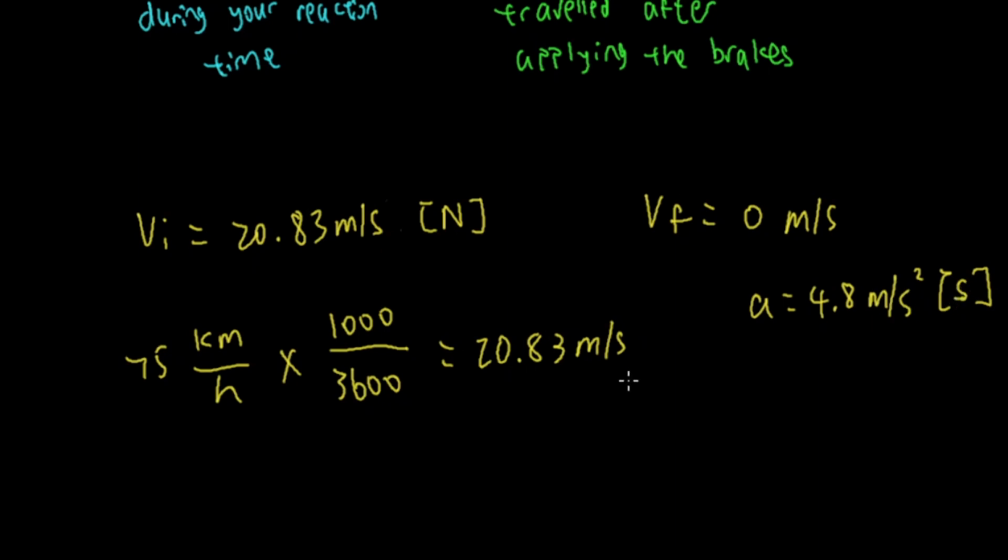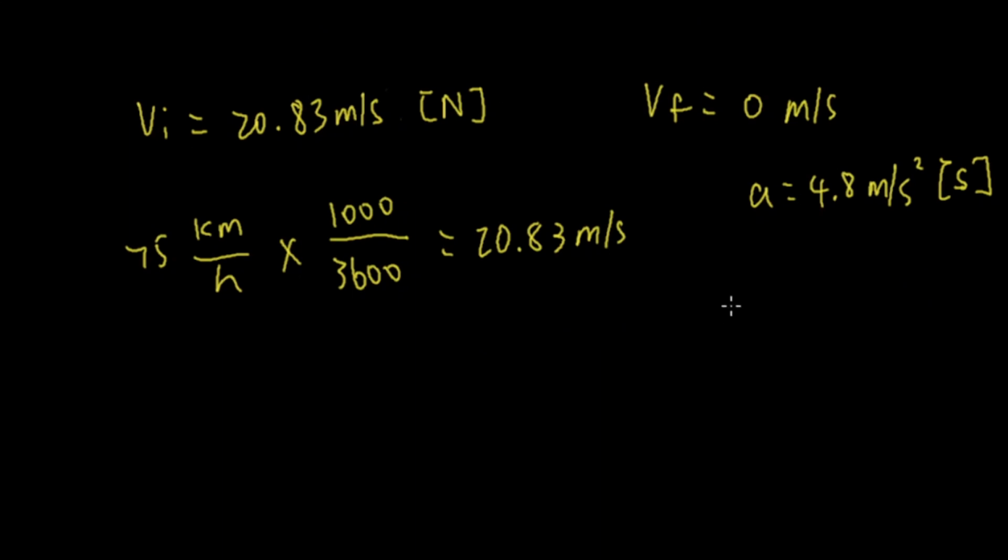Okay, now we have to calculate distance, or displacement. Which formula should we use? We should use this one, right? V final squared equals V initial squared plus 2A times delta D. Because we know V final, we know V initial, we know A, we can calculate delta D.